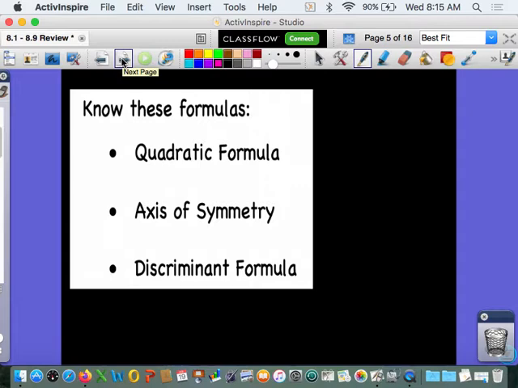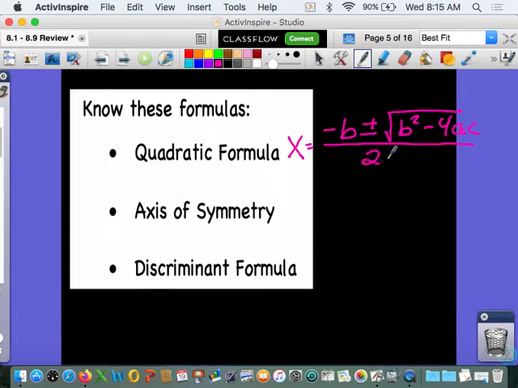Formulas. The first one, your quadratic formula, is what? x equals negative b plus or minus the square root of, all of that over 2a. Okay?